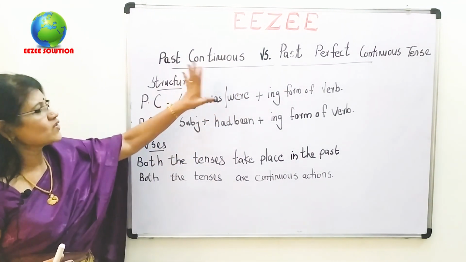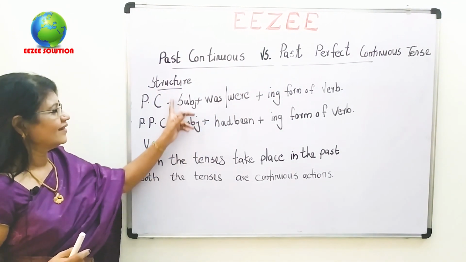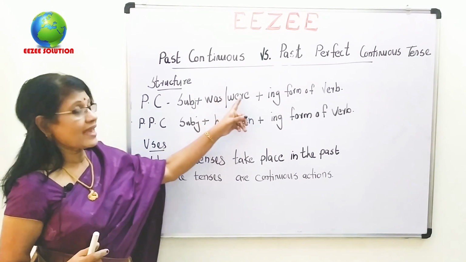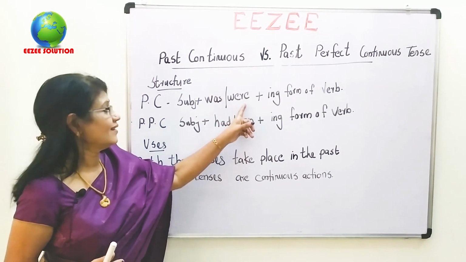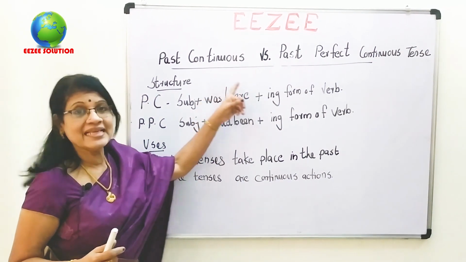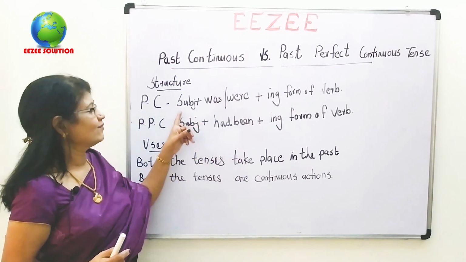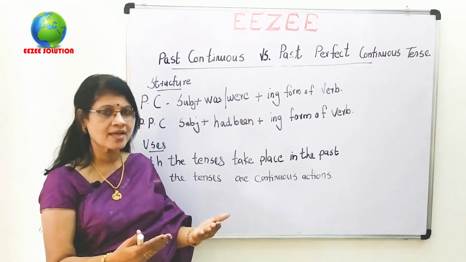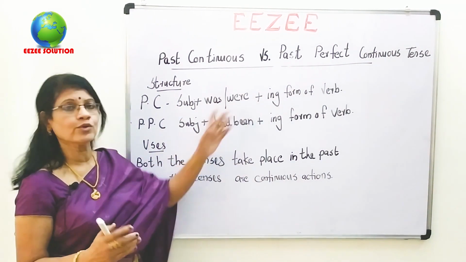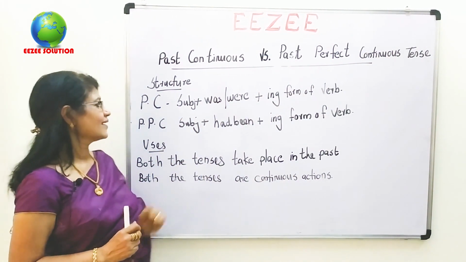Here, was and were will be changed according to the subject. If the subject is singular, we have to use was. If the subject is plural, we have to use were.